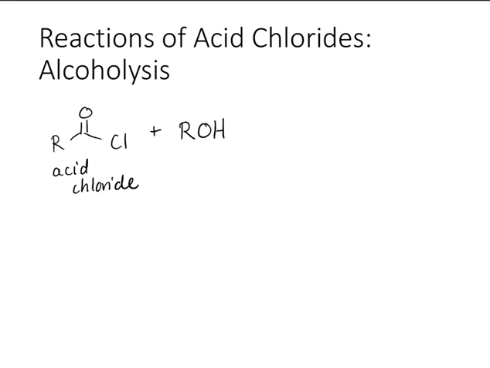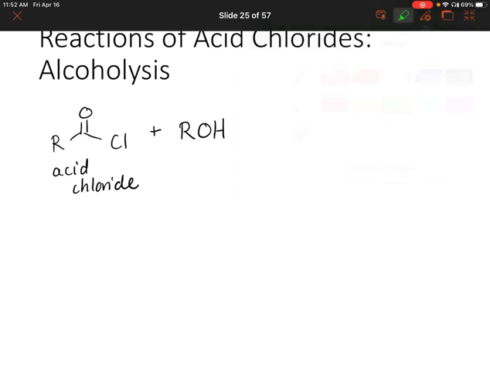And I'm just going to highlight the alkyl group on the alcohol in green, just so we can tell it apart from the other alkyl group on our acid chloride. All right, so we are going to need pyridine in this reaction as well, because one of our byproducts will be hydrochloric acid again. But what we end up forming is an ester.